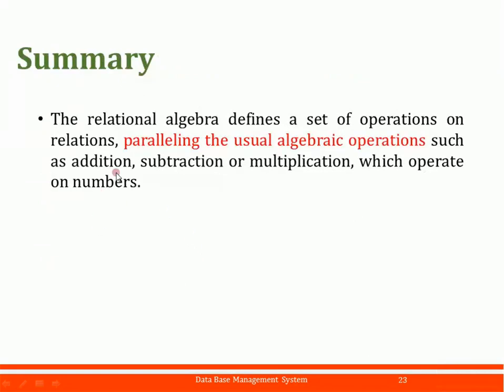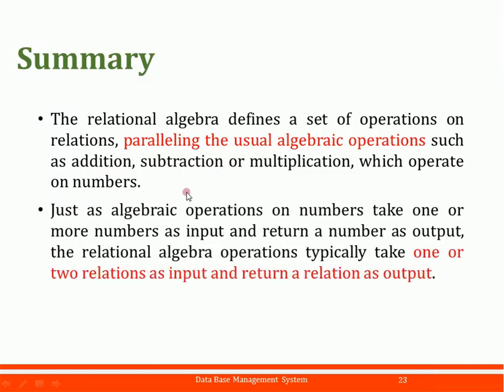Summary: the relational algebra defines a set of operations on relations, paralleling the usual algebraic operations. So these operations of relational algebra are similar to algebraic operations applied in mathematics like addition, subtraction, multiplication, which operate on numbers.